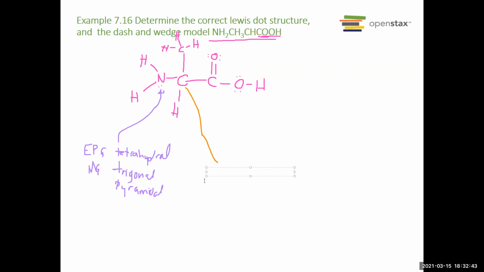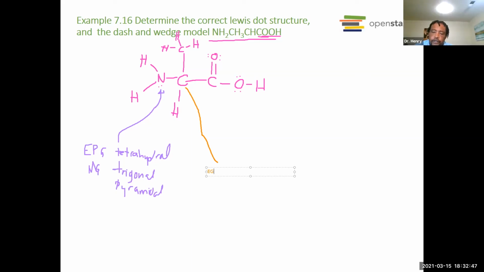It would be tetrahedral for both. So the EPG would be tetrahedral and the MG. This carbon?